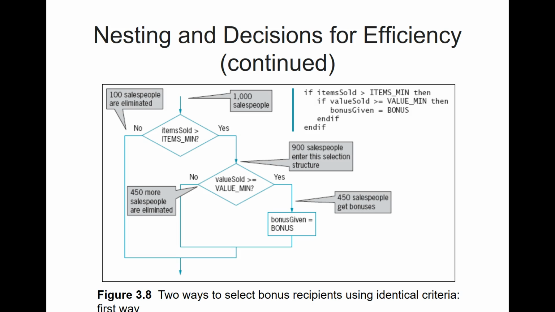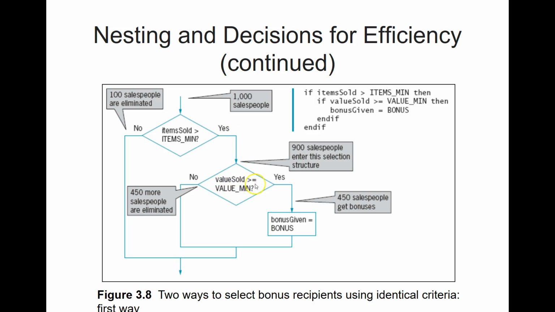So in this case, we start out, we know there's 1,000 salesmen total. And if I look up here, see if I can get my cursor over there, this particular way says 100 salespeople are eliminated. So of those salesmen, 900 of them sold more items than were required to get the bonus. I then move down into the second part of my and statement, and so 900 people are entering this.